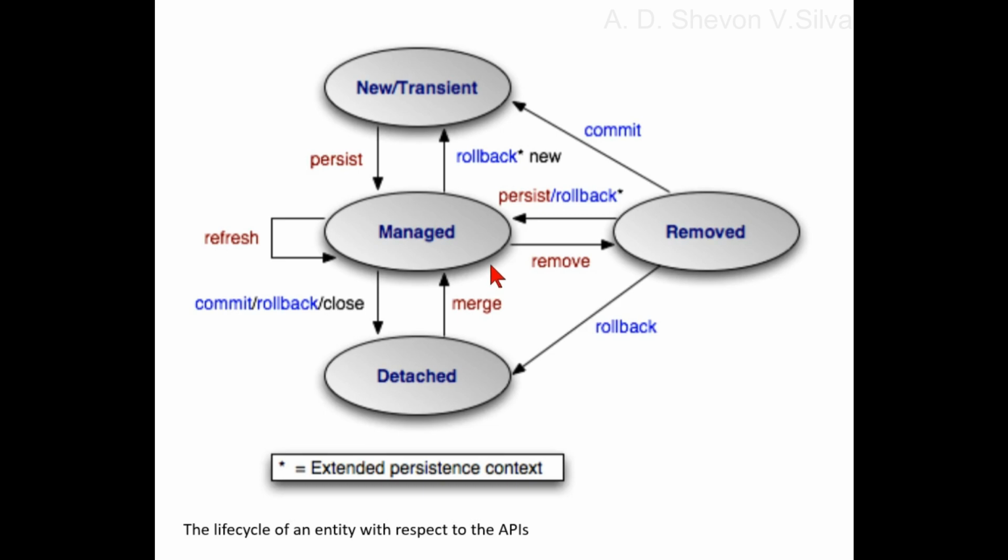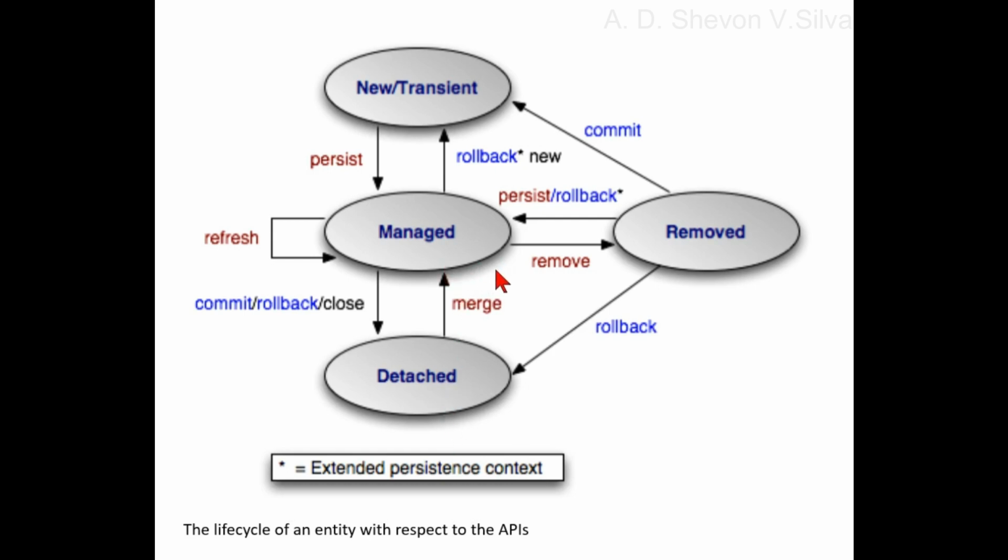If X is a removed entity, it becomes managed. If X is a detached object, an EntityExistsException may be thrown when the persist operation is invoked, or an EntityExistsException or another PersistenceException may be thrown at flush or commit time.